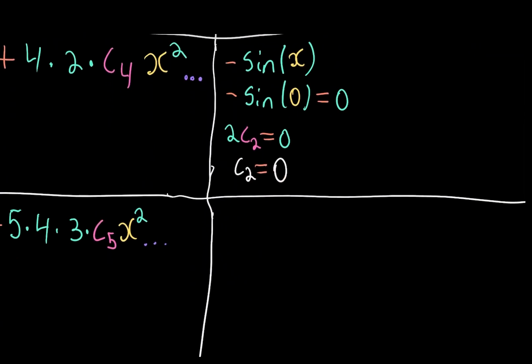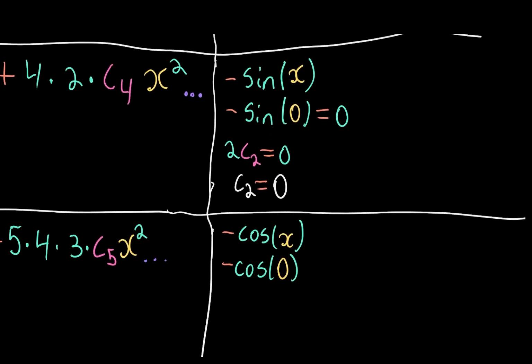So that becomes negative cos x, right? And then let's evaluate it at 0. Mimicking. We're not mimicking yet actually, but we're finding out what we have to mimic. Minus cos of 0 is equal to -1.